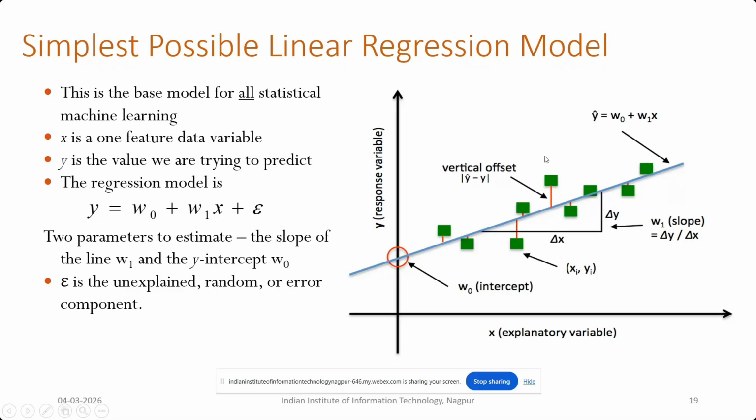So this could be the simple possible linear regression model. This is the base model for all statistical machine learning. Here x is one feature data variable, and y is the value we are trying to predict. So the equation of the regression model can be y equals w0 plus w1x plus epsilon.